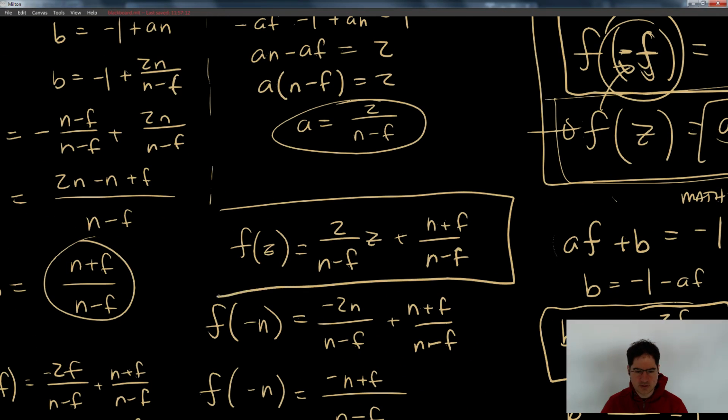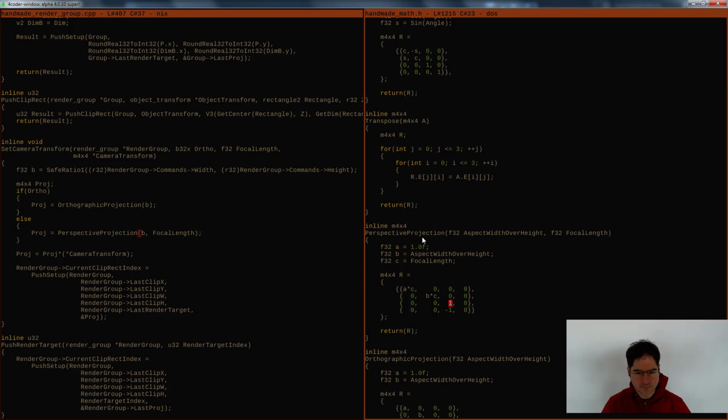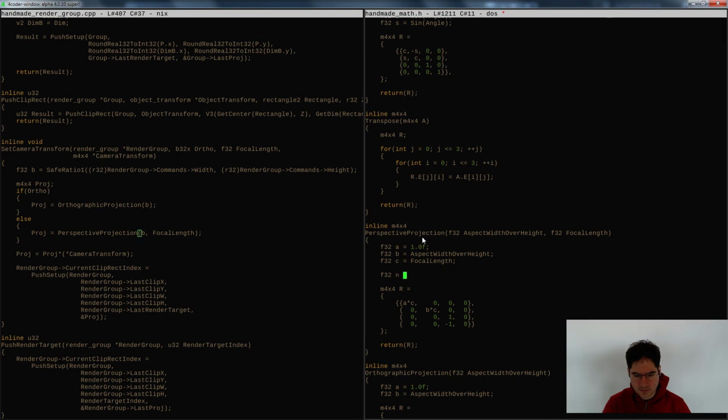So there's our equation. And so then we know what to put in our matrix. We need to put in that and that. And then we can start specifying near and far clip planes. So in here in our perspective projection, we have our n and our f.